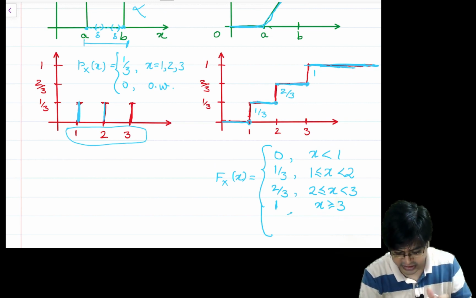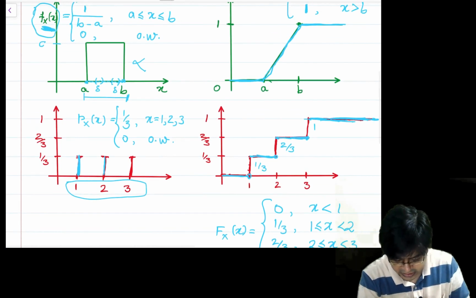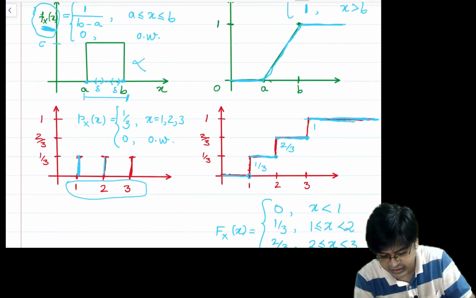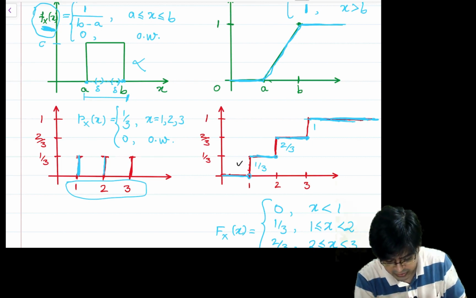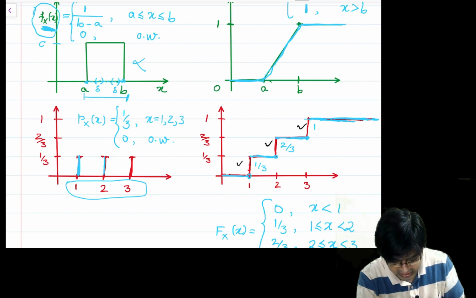Now the distinguishing point, if you look at the graph of these two functions, the graph of a discrete random variable is always going to be of this form. There will be steps in between, where the right end point is always jumping.